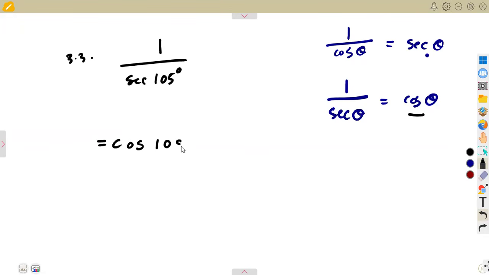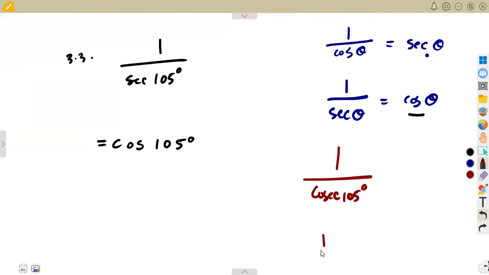So the question, instead of asking you to simplify cos 105 without using a calculator, because they know you are now used to these questions, they just want you to be confused. Look how they're asking it. But we know how to simplify this. In the same manner, they are going to ask you the same question: simplify 1 over cosec 105 degrees without using a calculator.